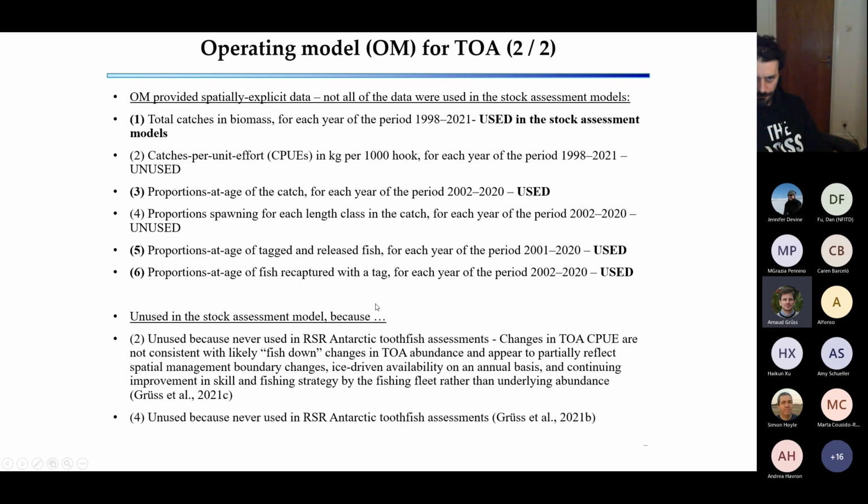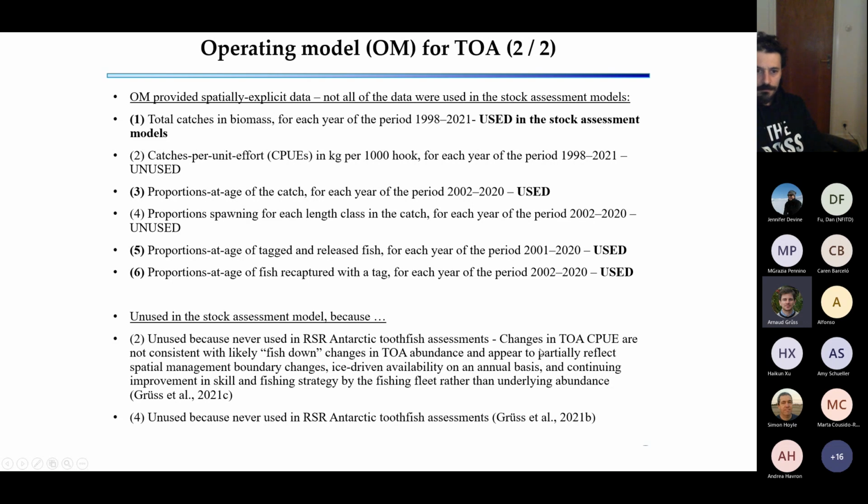So we didn't use the catches per unit effort, CPUEs, provided by the operating model. The reason we did this is because the CPUEs are actually not used in the actual Ross Sea region Antarctic toothfish assessments.